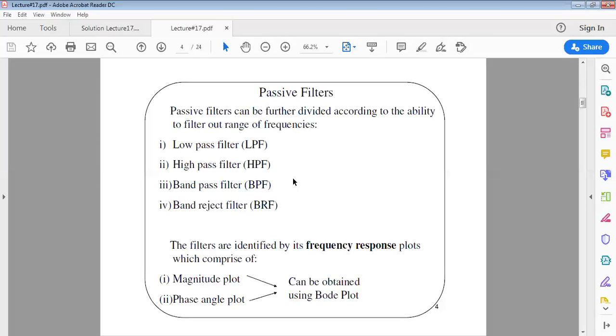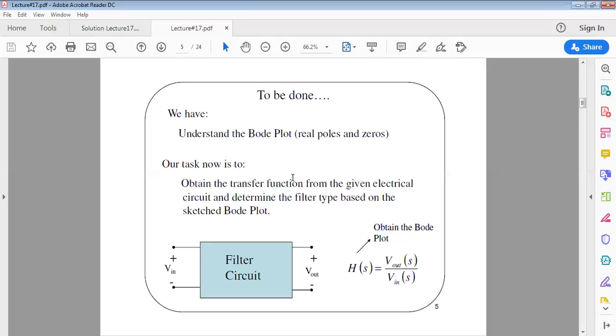From the Bode diagram obtained, we can then deduce what the filter type is. Okay, so this will be the task that we're going to do in this lecture 17.